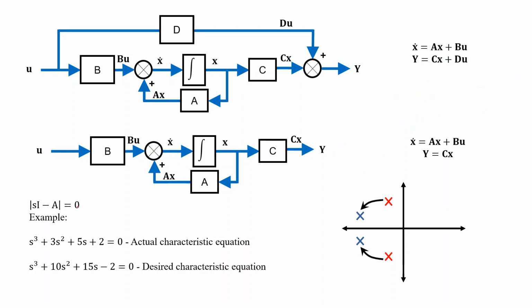So we can find the characteristic equation with the help of the A matrix like this: sI minus A is equal to 0 is the characteristic equation. And solutions of this equation are the poles of the system.